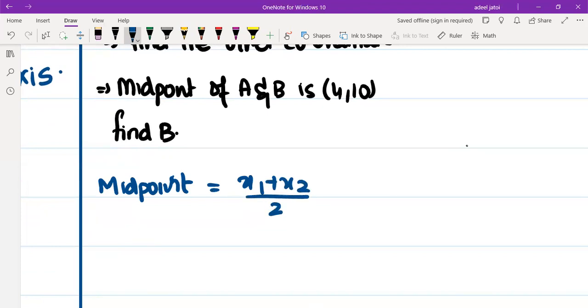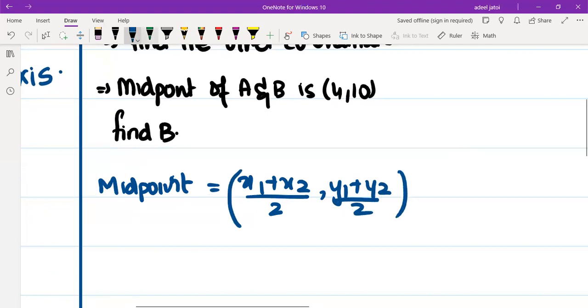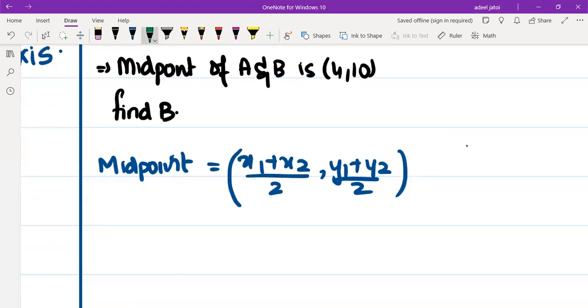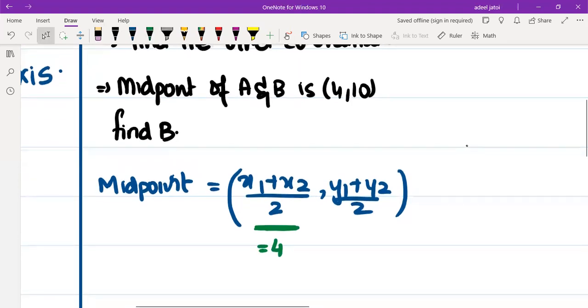x1 plus x2 upon 2, comma y1 plus y2 upon 2. Now, this x1 plus x2 upon 2 will give me the answer as what? 4. Because if we had the coordinates, we would have actually calculated the midpoint.